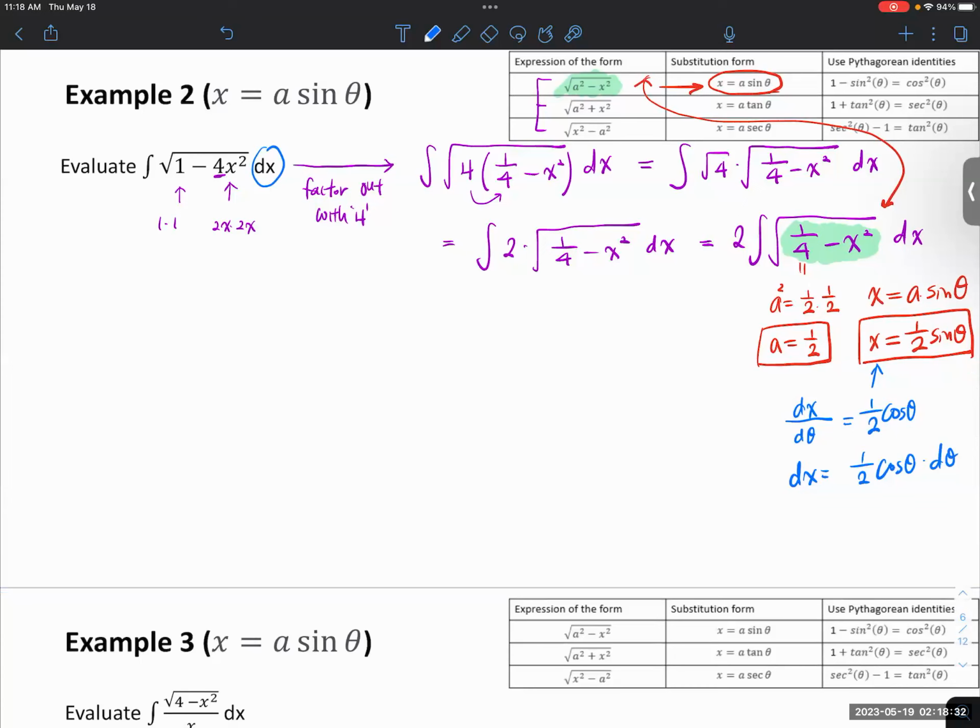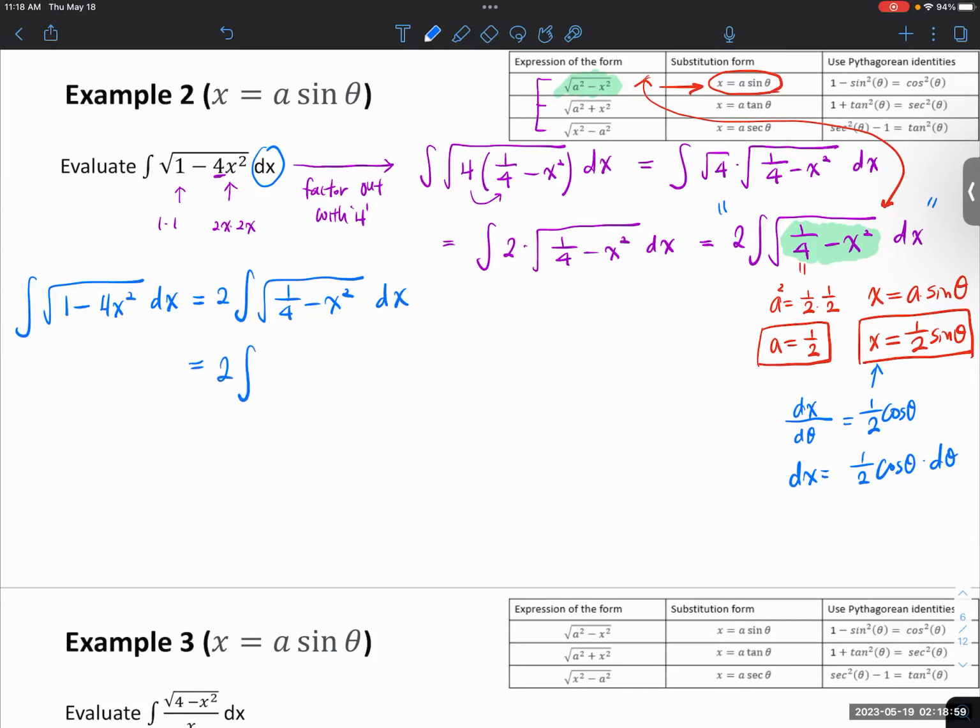Now we're going to plug back in terms of theta. So we have the integral of radical 1 minus 4x squared dx. This is the same as what we just found: 2 times the integral of radical 1 over 4 minus x squared dx. Now I'm plugging in terms of theta.